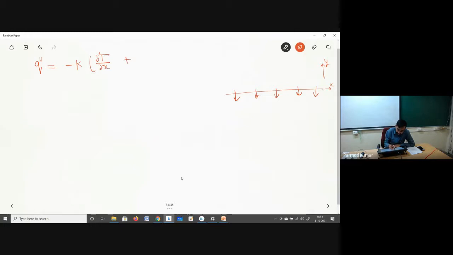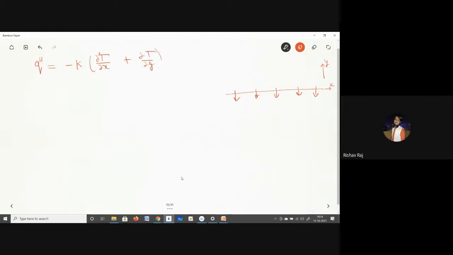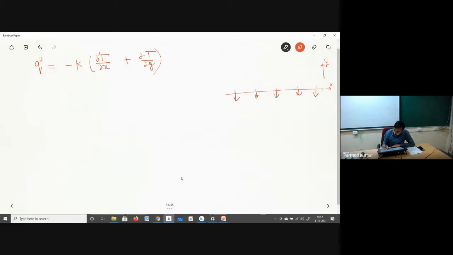Will it be like this? Yes, sir. In both directions, we have a gradient of temperature. Yes. But for this bottom surface or isotherm, which is parallel to the x-axis, what will be the value of del T by del X?